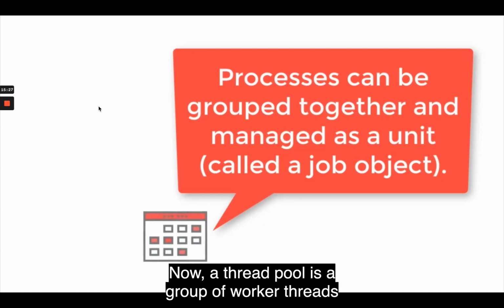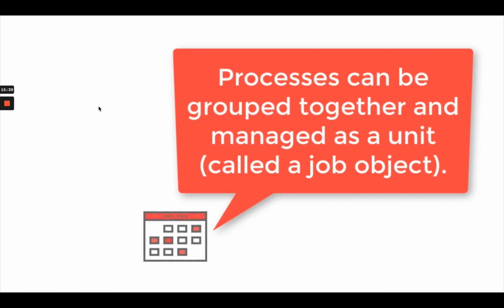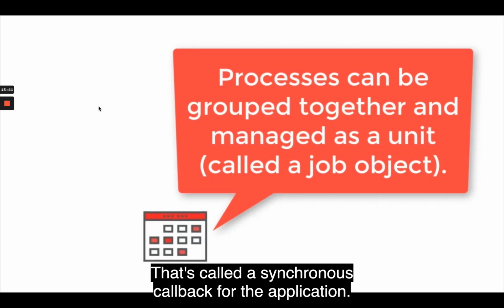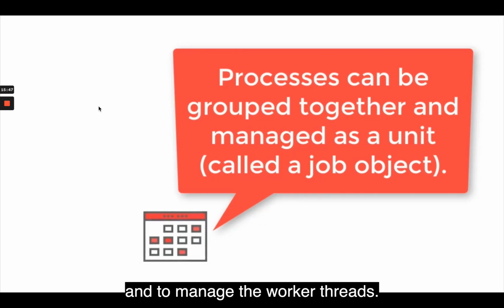Now, a thread pool is a group of worker threads that are efficiently executing processes and functionality in asynchronous ways, right? So that's called asynchronous callbacks for the application. And this is done to reduce the number of application threads and to manage the worker threads, right?